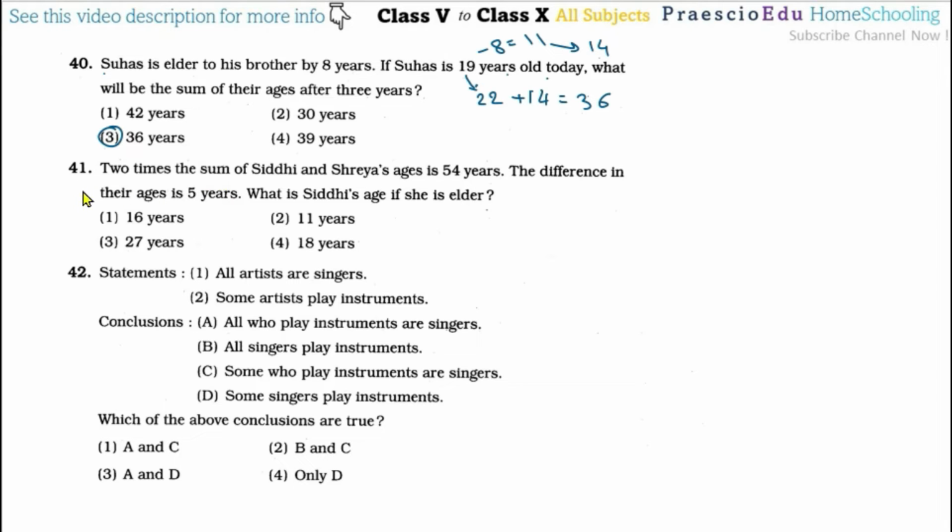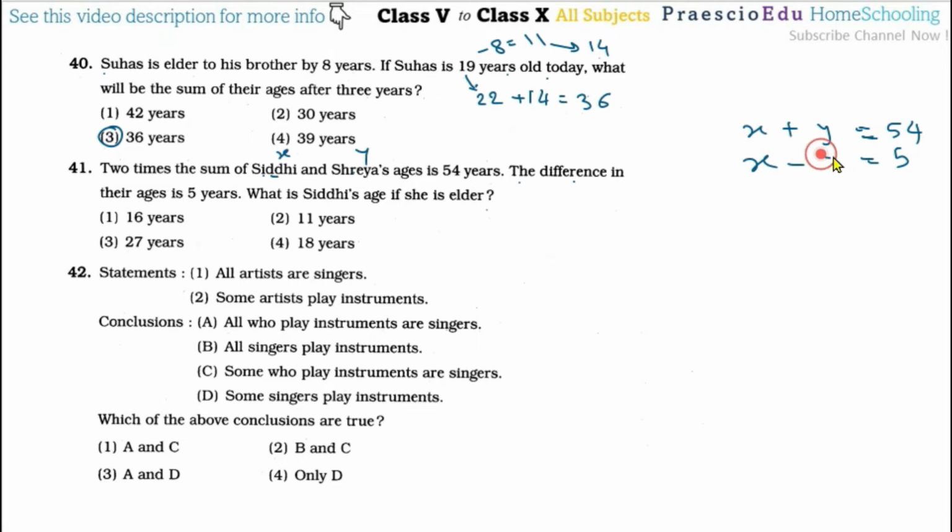Now question number 41. 2 times the sum of Siddhi and Shreya's ages is 54. Suppose Siddhi's age is x and Shreya's is y. So x plus y is 54. This is one equation we have formed. Then the difference, that is subtraction, in their ages is 5 years.